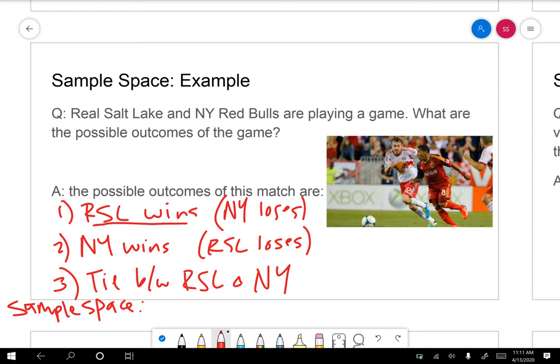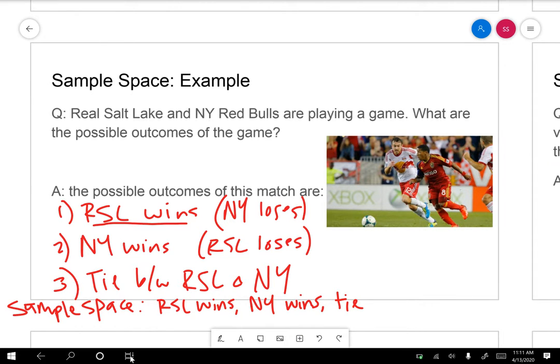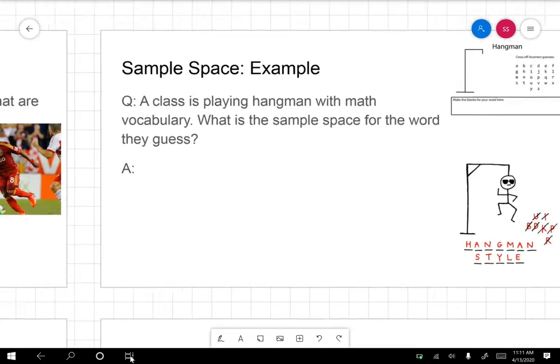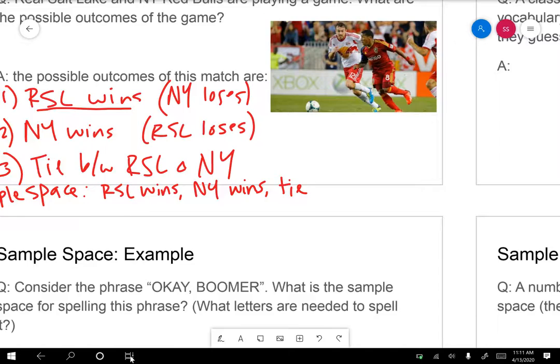The sample space then, if we're writing it as a list, could be RSL wins, New York wins, or tie. Okay, so there's one example of sample space. Let's go over a couple more though.